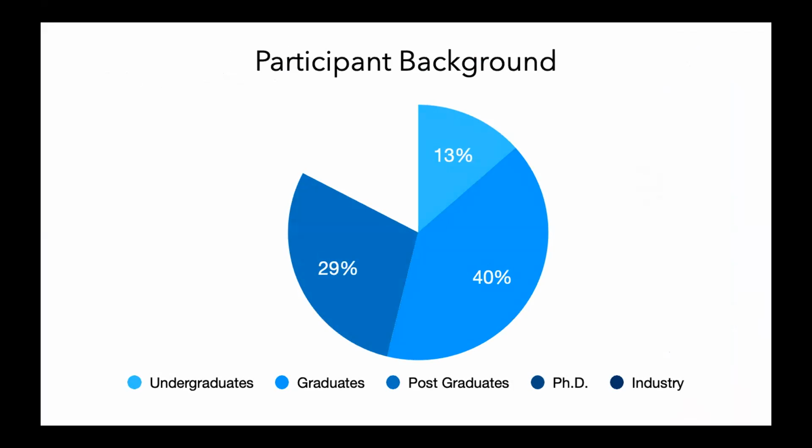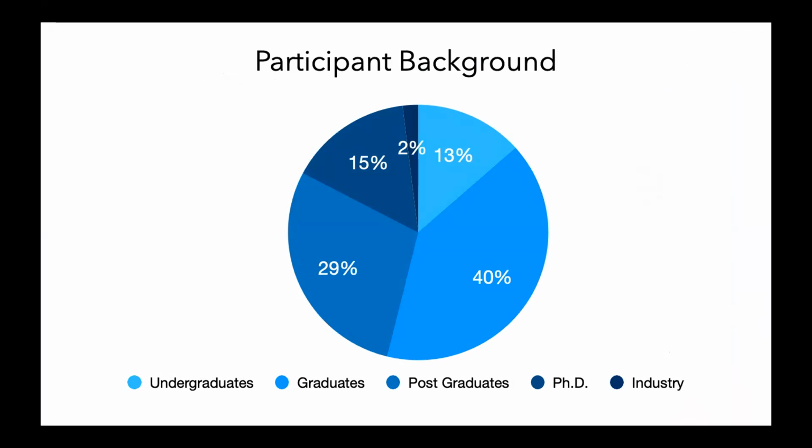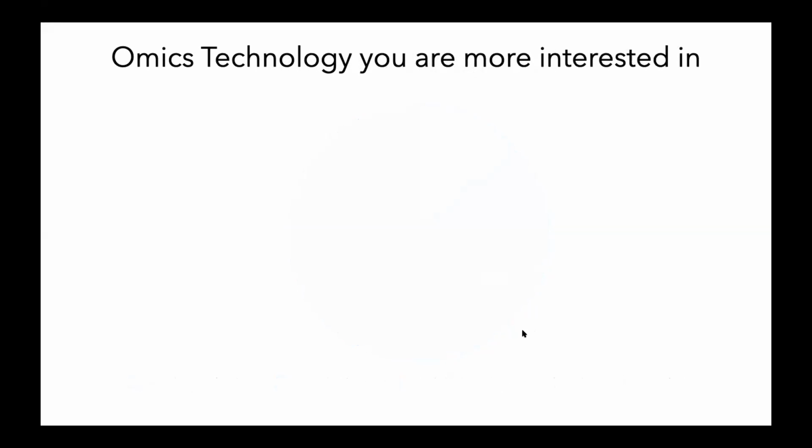We had 29% postgraduate students, 15% PhDs, and 2% people who are from the industry. So this survey helps us to understand the kind of participants we have for a program, so that we are able to reach out to each of you, because everyone learns at a different stage. And this is how our resources, our mentor support is going to help you throughout the entire program.